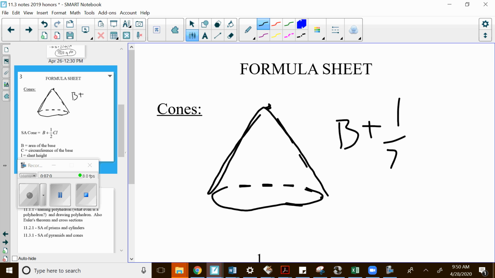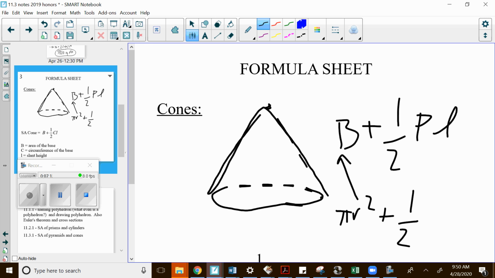Okay, and then it's still 1/2 times the perimeter of the base times the slant height. But here's the deal about the area of the base. Since it's always going to be a circle, it's always going to be pi r squared. And then the perimeter of the base is the circumference of the circle. So we could write CL if we wanted to instead of PL. But we already know what the perimeter of the base is always going to be. It's always going to be 2 pi r.